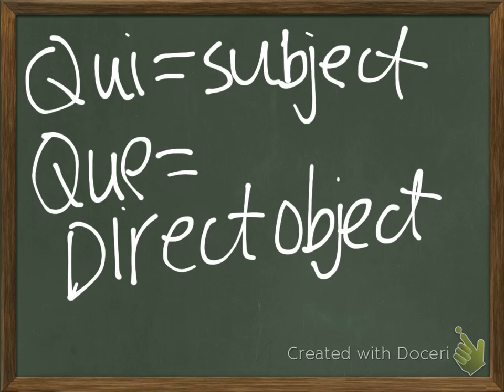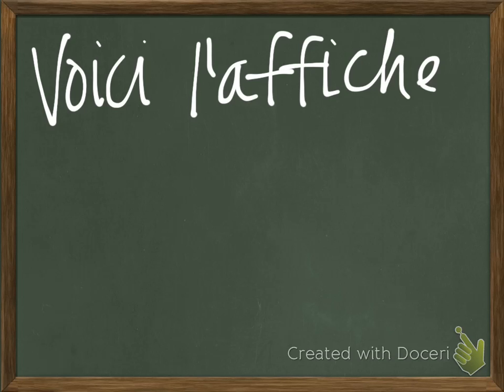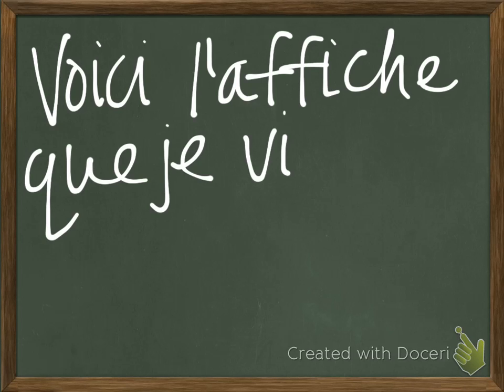Now, in English, we do not always use the relative pronoun que, meaning that. But in French, we must use it. So if you take this example, voici l'affiche que je viens d'acheter.